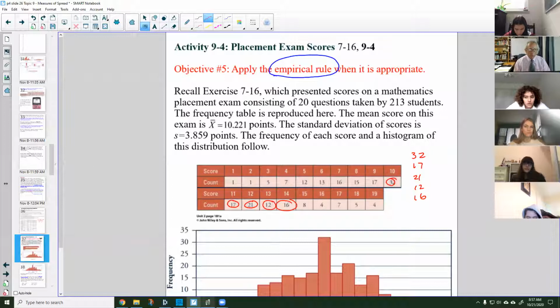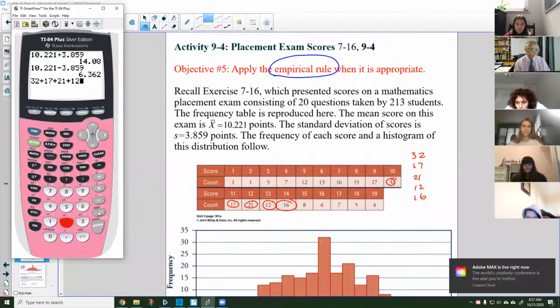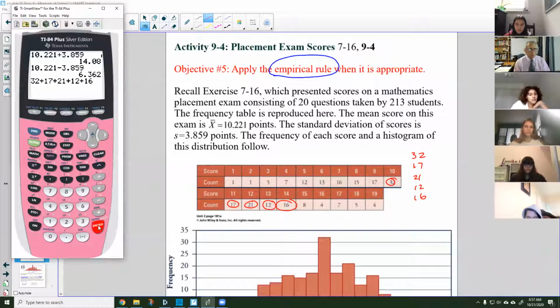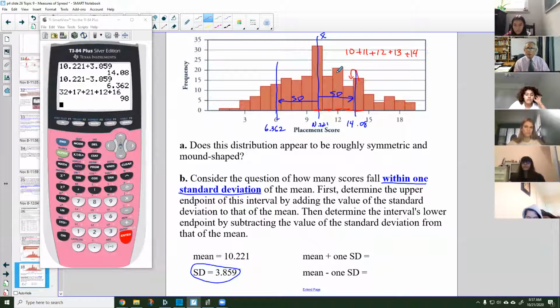Let's add those up. So I had 98 people scored within one standard deviation above the mean. Okay, so 98 people. Let's write that on our histogram. Let's write 98 right here.